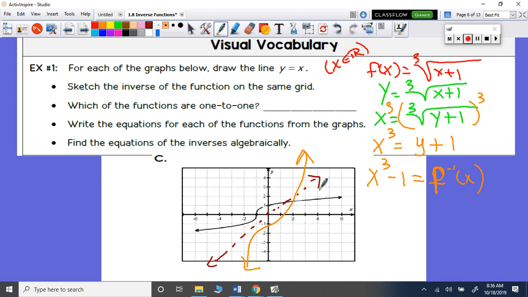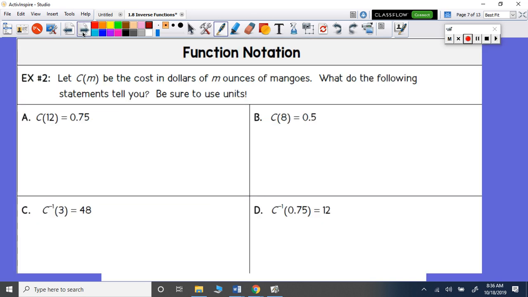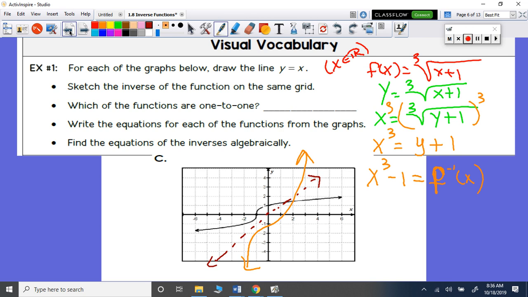We are going to skip the next page front and back. It's not worth us wasting our time, so we're not even going to come back to that. And the very last thing, and we might knock this out today, our final answer to your line there is A and C. 2 did not pass the horizontal and vertical line test, but everybody else did.